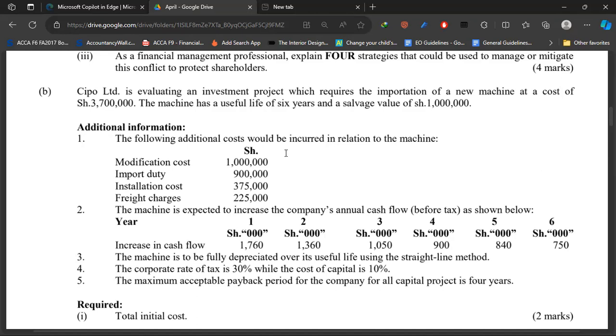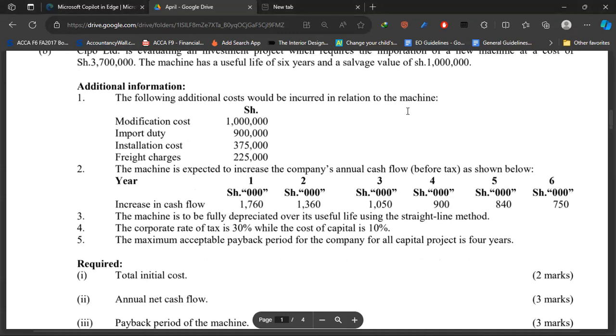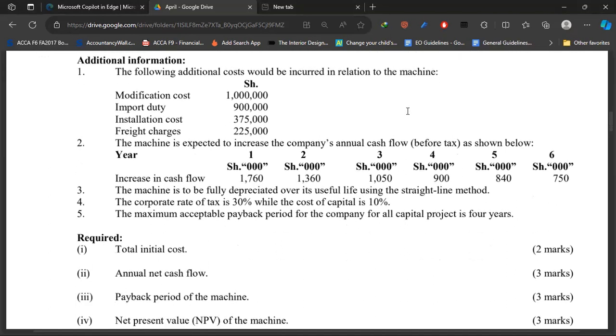Two, the machine is expected to increase the company's annual cash flow before tax as shown below. Increase in cash flow, year one, 1,760, year two, 1,360, year three, 1,050, year four, 900, year five, 840, year six, 750. The machine is to be fully depreciated over its useful life using the straight line method.